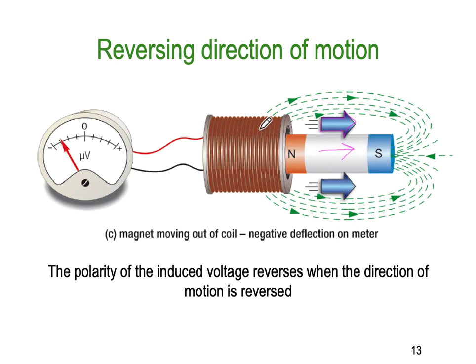Therefore, again, our magnetic field is cutting the conductors, but we're now getting minus microvolts, minus microvolts, minus microvolts. Again, all in series, but that just gives us a minus voltage in the opposite direction, which we can see here on our meter. So the polarity of the induced voltage reverses when the direction of the motion is reversed.